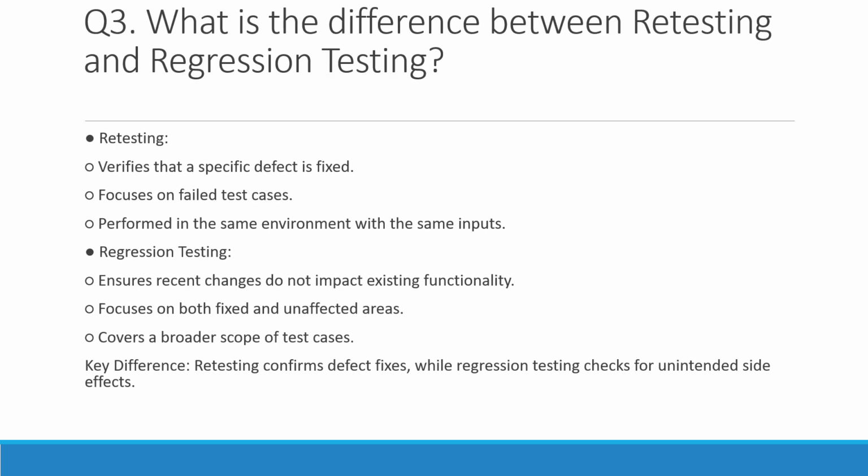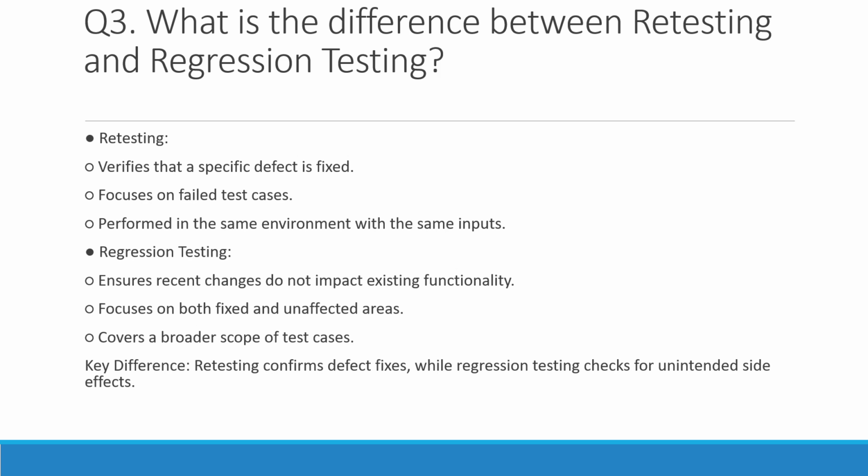Next up is question number 3. What is the difference between retesting and regression testing? Retesting. This verifies that a specific defect is fixed. It focuses on the previously failed test cases using the exact same environment and inputs. Regression testing.